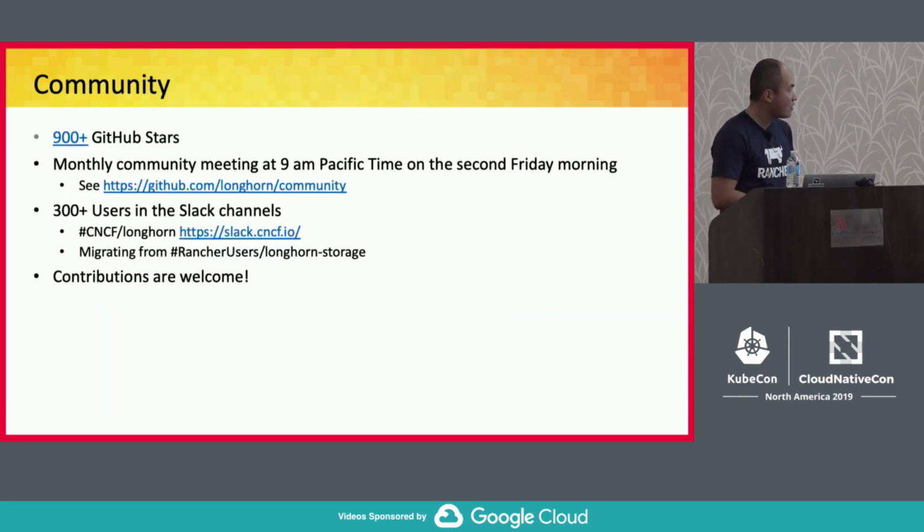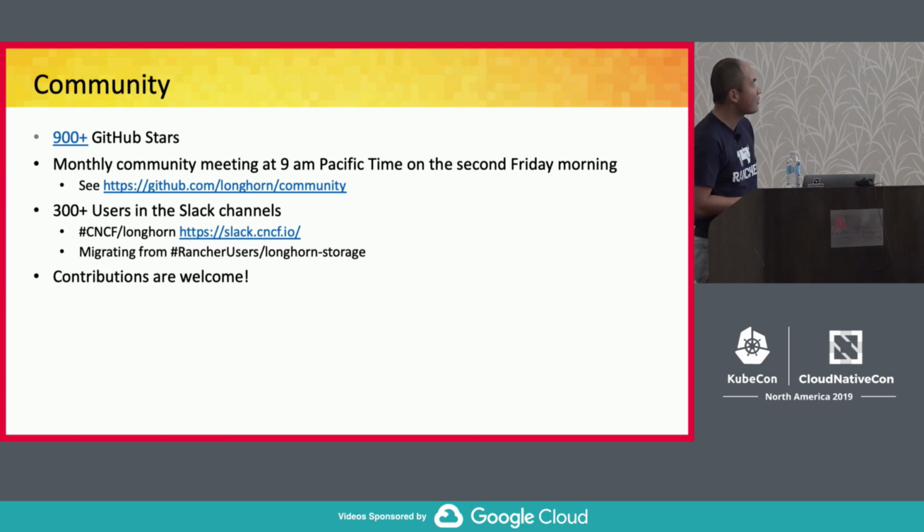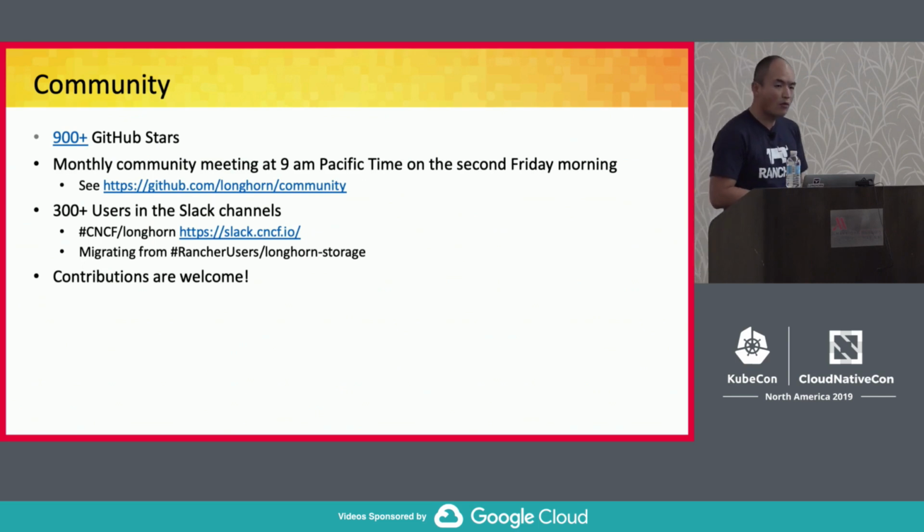So let's talk a little bit about our current Longhorn community. Since Longhorn is a totally open source project, we really encourage community engagement. Currently, Longhorn has over 900 GitHub stars, and we hold a monthly community meeting at 9 a.m. Pacific time on the second Friday morning, which I checked, no other CNCF meeting is held at that time.